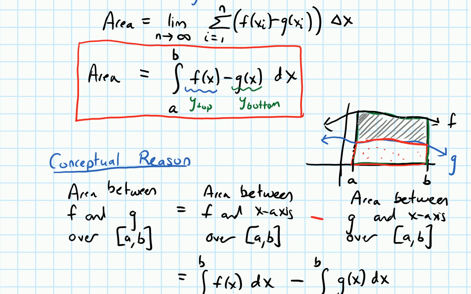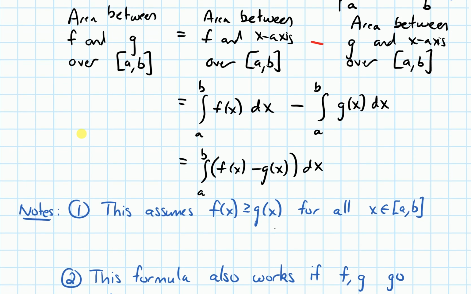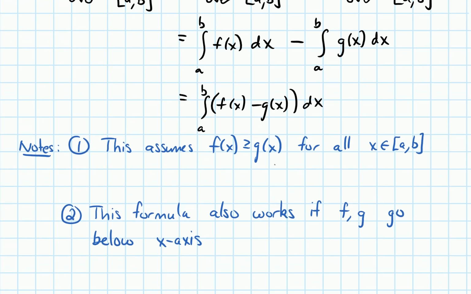Okay, so I want to end this video with two notes about what we've just done. So the first is, when we apply this formula for the area between two curves, we're assuming that f of x is greater than or equal to the function g of x for all values of x on that interval. So that top function stays the top function the whole way on that interval.